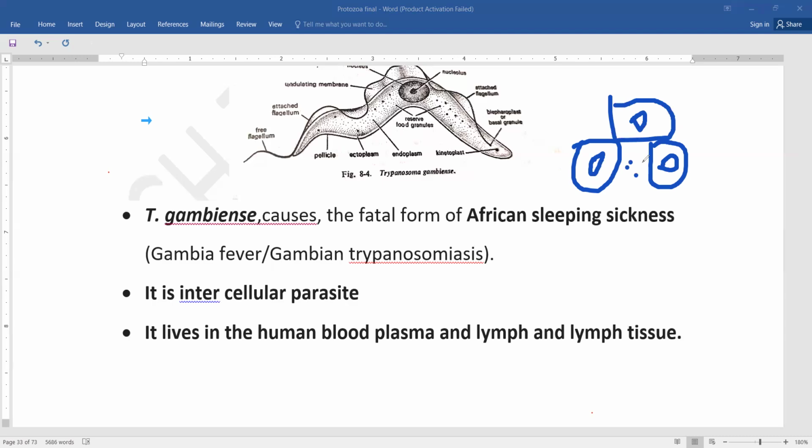If the parasite lives in between these cells, that is called an intercellular parasite. So it lives in human blood plasma and lymph and lymph tissue. You remember that. As it lives in the human blood plasma, it is also known as hemoflagellate.